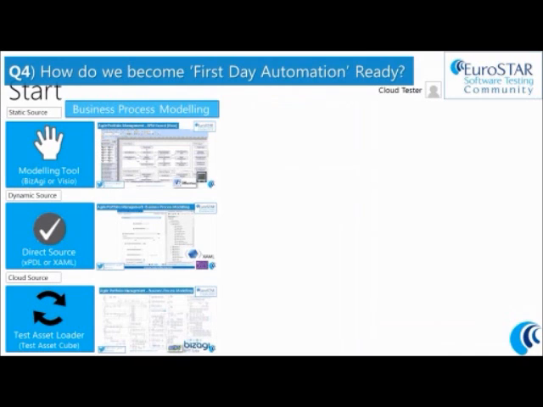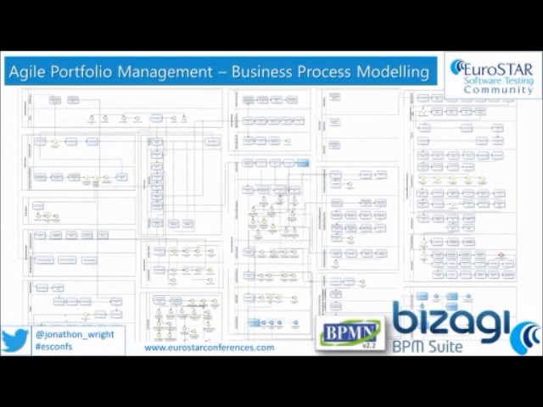And then thirdly, I call it the cloud source, but it means using a tool that potentially can allow you to generate the business process model for you, so you don't have to do this by hand. Now, when I talk about cloud, I talk about things like a test asset loader, and a test asset loader is fundamentally a tool which, after a build, goes through and explores the solution, the application under test, and then produces this roadmap through the system and detects new functionality or changes.